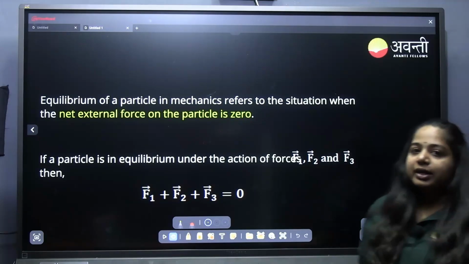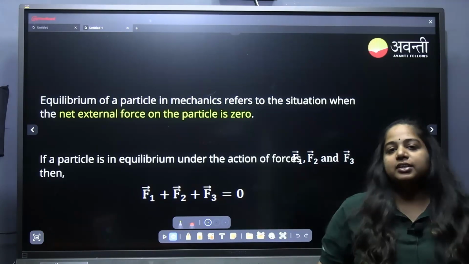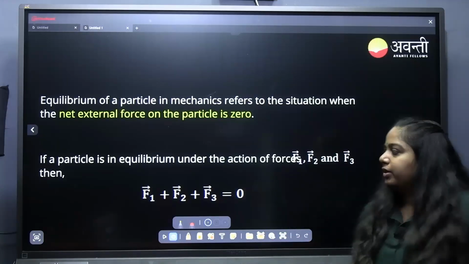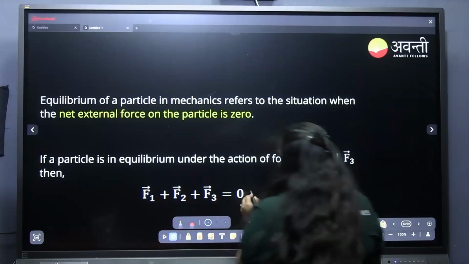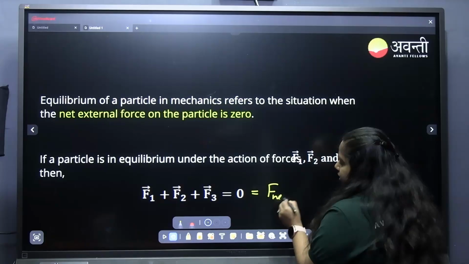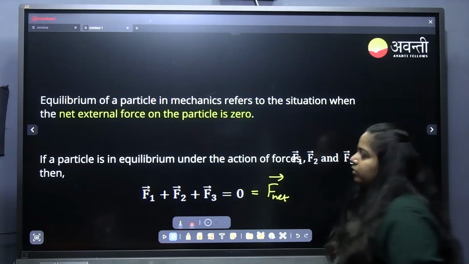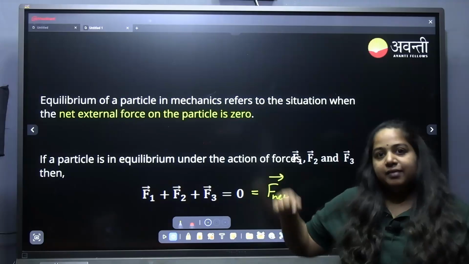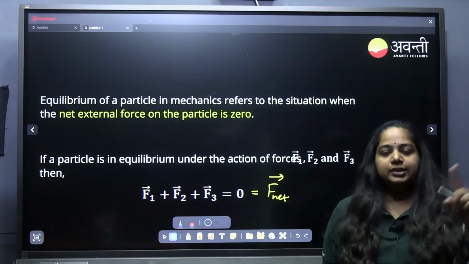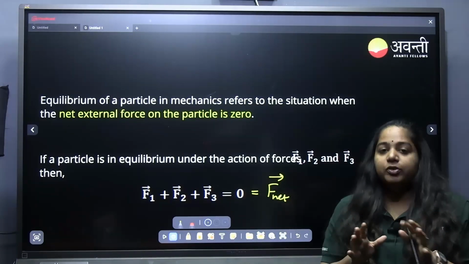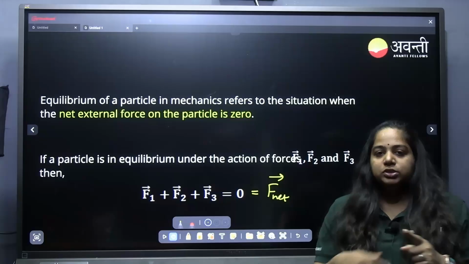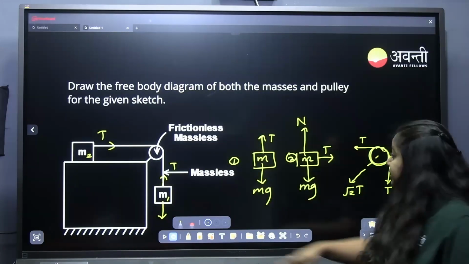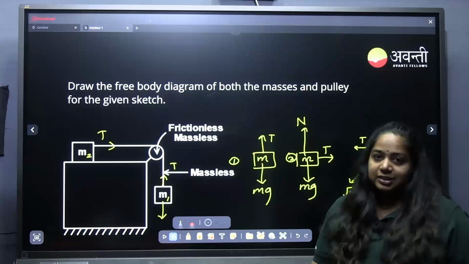Equilibrium of a particle means that if we add all the external forces acting on it, the total sum will be 0, which means the net force F net will be equal to 0. That is what is meant by equilibrium. So in the previous first case, the body was in equilibrium, it was not moving, and all forces cancel each other out. In this case it is not said to be in equilibrium.